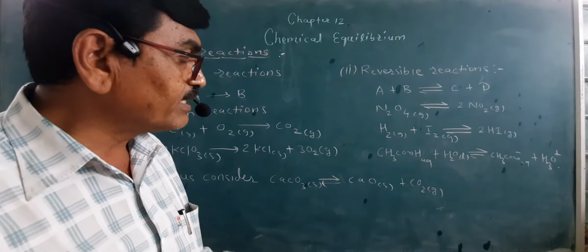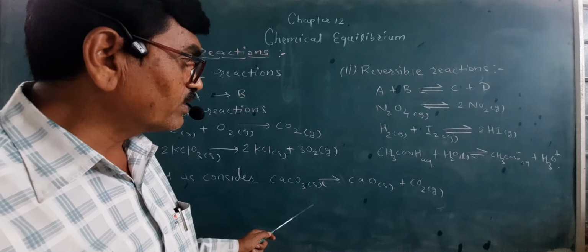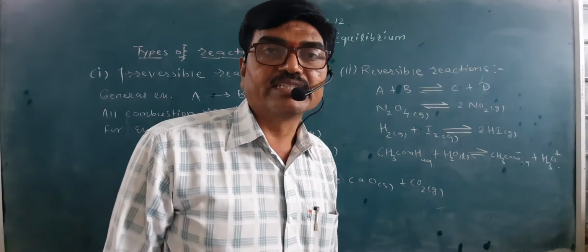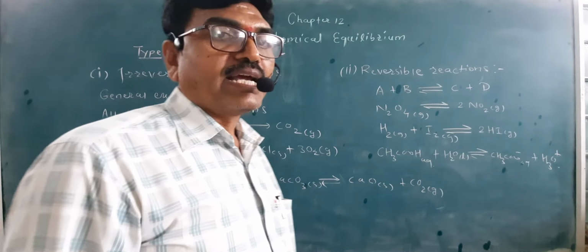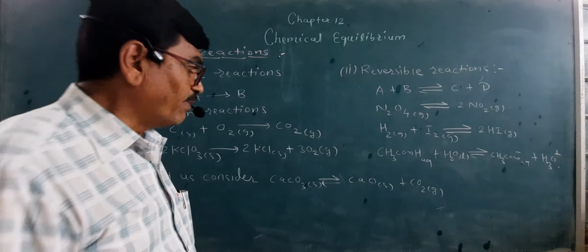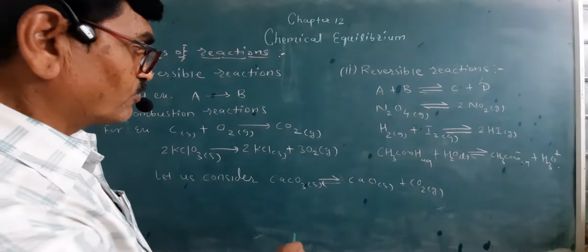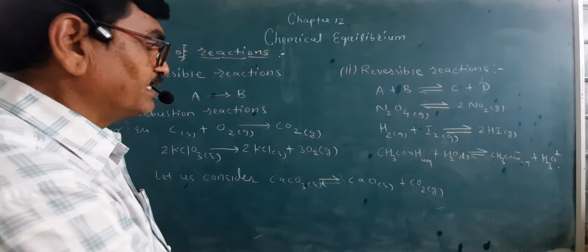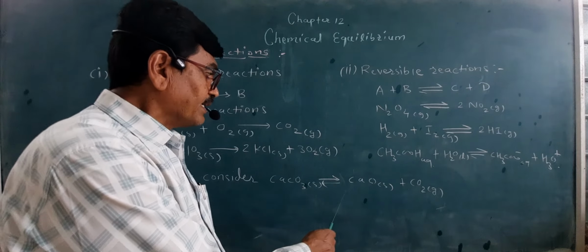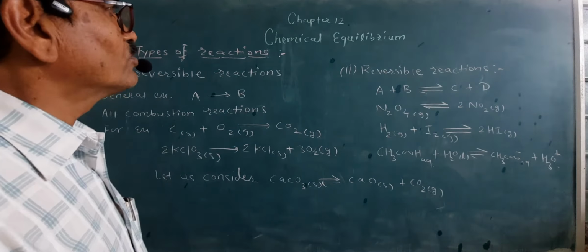So in an open vessel or open container, in the laboratory, this reaction occurs in only one direction, and this is an example of an irreversible reaction. But instead of that, if this reaction is carried out in a closed container, then the backward reaction occurs, and that's why I have shown it here. So if this reaction is carried out in a closed container, that is an example of a reversible reaction. That reaction occurs in both directions.